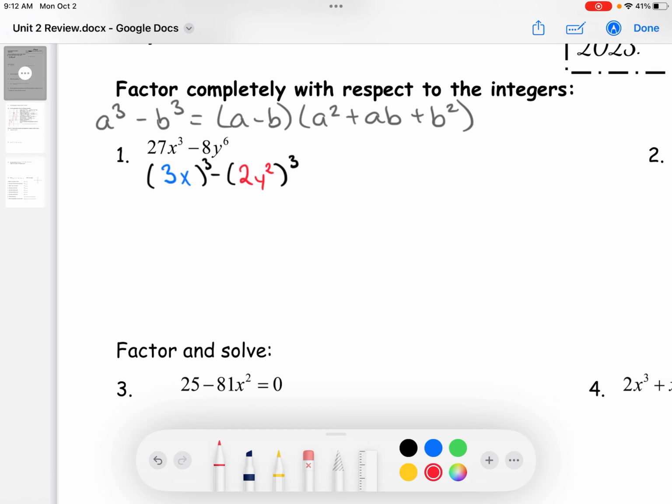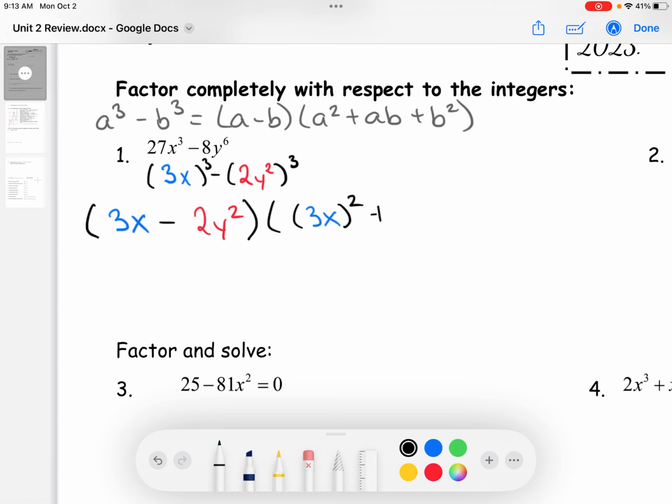So from here, it is just a formula that we are plugging into. So, first parentheses, the a is 3x minus the b is 2y squared. Close that parentheses. Open a new one. We need to square the a.